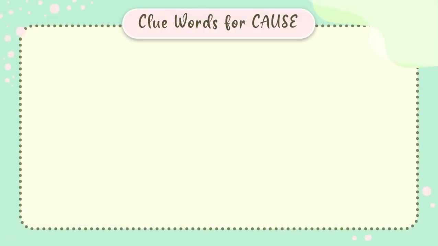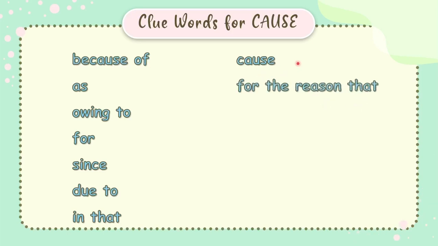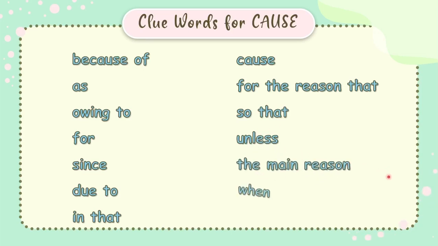Here are the clue words for cause. We have because of, as, owing to, for, since, due to, in that, cause, for the reason that, so that, unless, the main reason, and when.